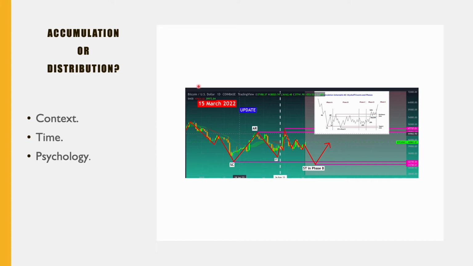So if the formal beginning of the bear market was in November 2021, you must understand that if you are in March, 3 or 4 months after the initiation of the bear market, this cannot be an accumulation range. It has to be redistribution. Why? Context. Context is important.